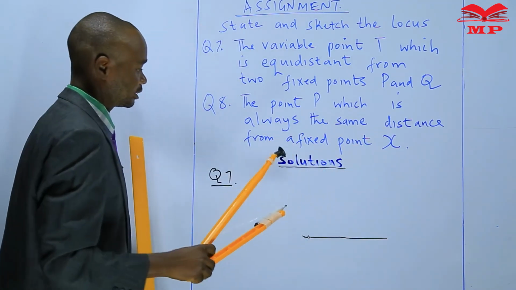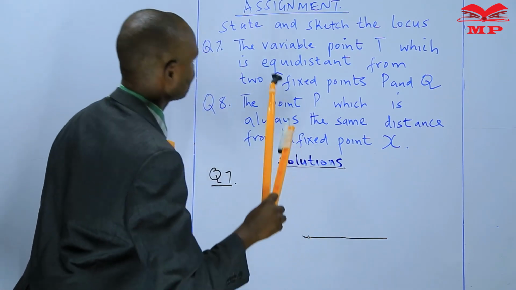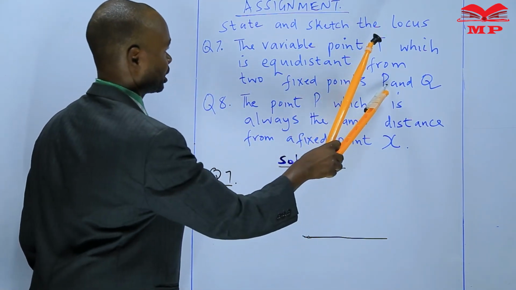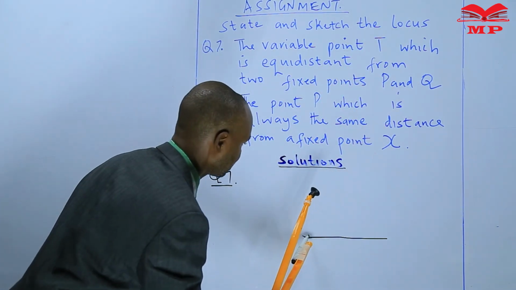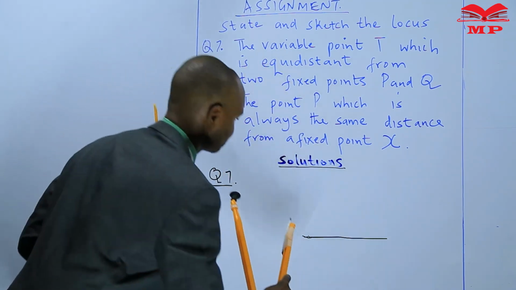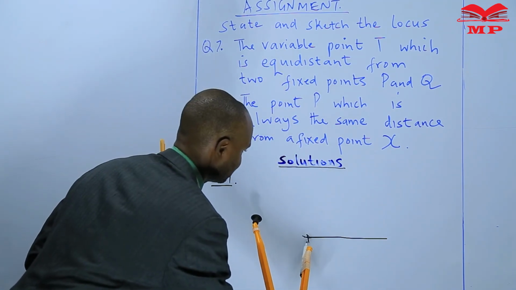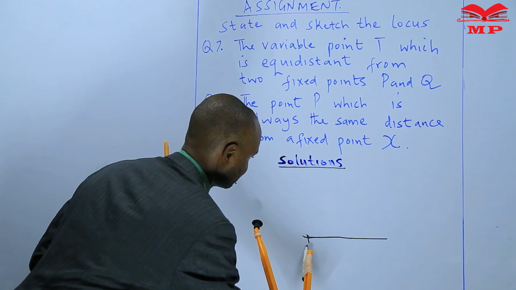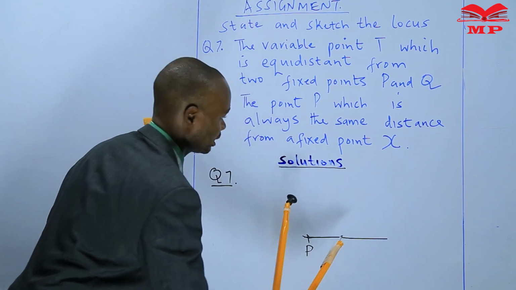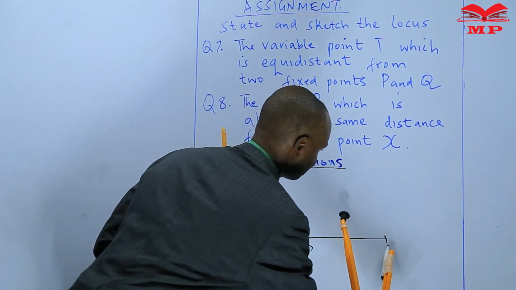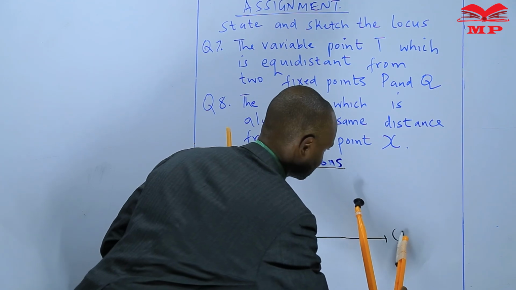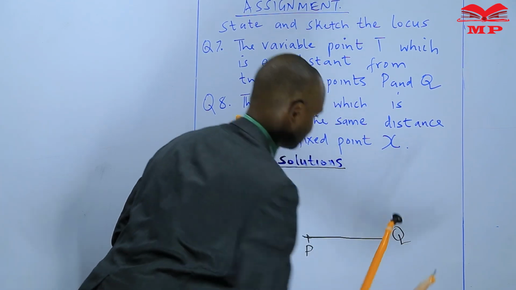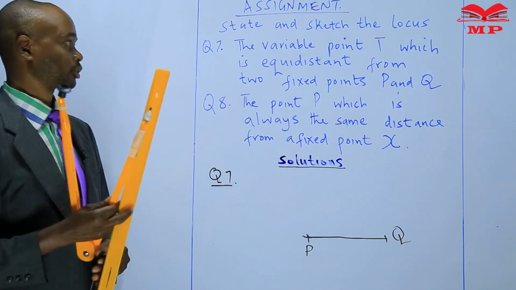On the straight line, there are 2 points, P and Q. Those are the 2 points you have.